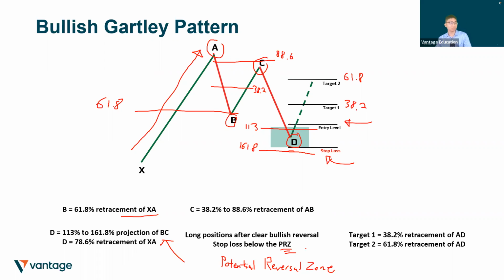So yeah, the potential reverse zone, it's the green color box on the charts, green color box on this slide. I'll be using the PRZ term quite a lot. So yeah, please screenshot this before we continue. Give you guys 10 seconds, a quick snapshot will do. Very fast one.